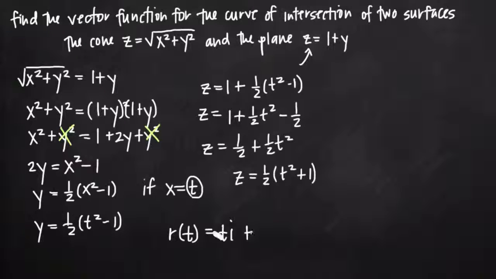Then I add to that the value I got for y multiplied by j, so 1/2 times quantity t squared minus 1 multiplied by j. Then I'll add to that the value I got for z, so 1/2 times quantity t squared plus 1 multiplied by k. That's my final answer, and that's how you find the vector function for the curve of intersection of two surfaces.